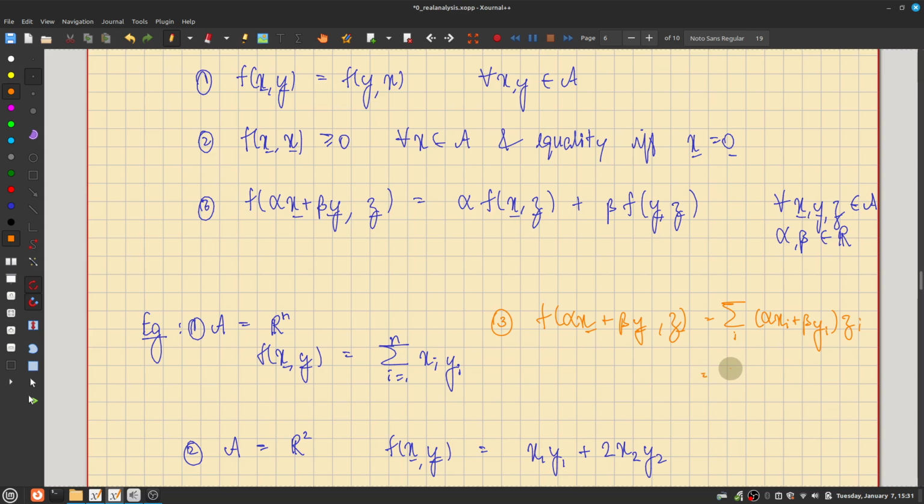Which is equal to, well, I can first write this as summation over all i of alpha xi zi plus summation over all i of beta yi zi, which is the same as alpha times summation over all i of xi zi plus beta times summation over all i of yi zi.